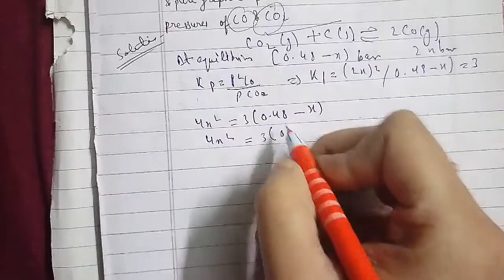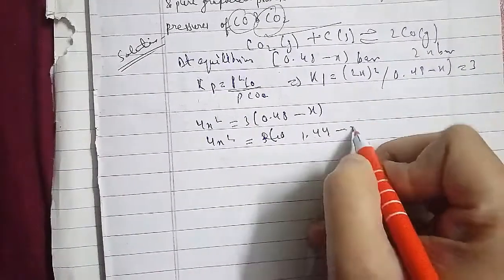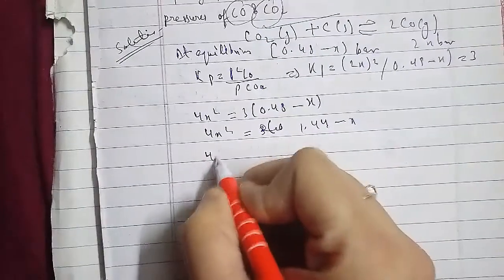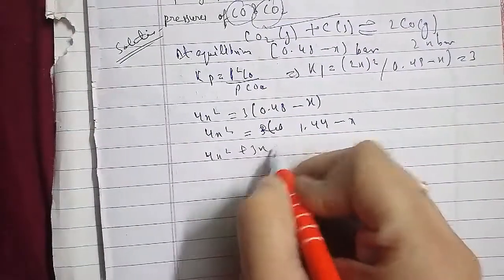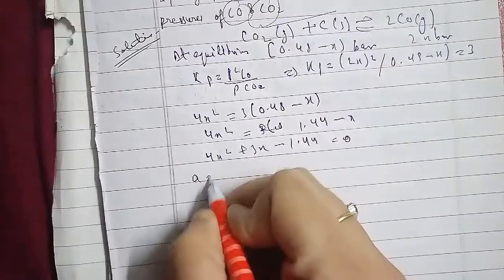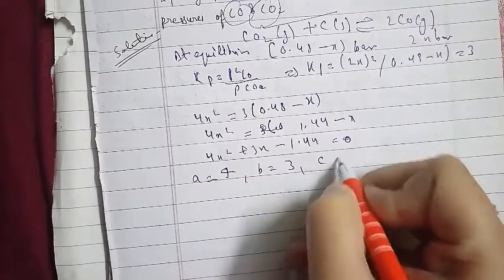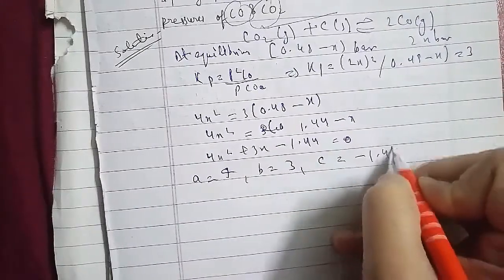So here we find a equals 4, b equals 3, and c equals minus 1.44. Now we'll put these values in the formula, minus b plus or minus the root of b squared minus 4ac, and find the value.